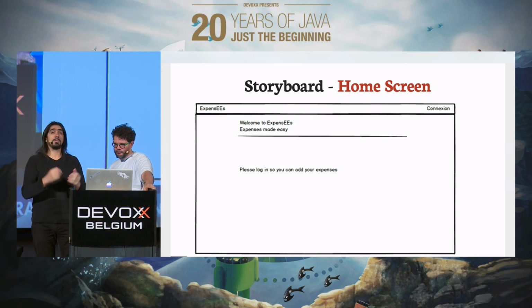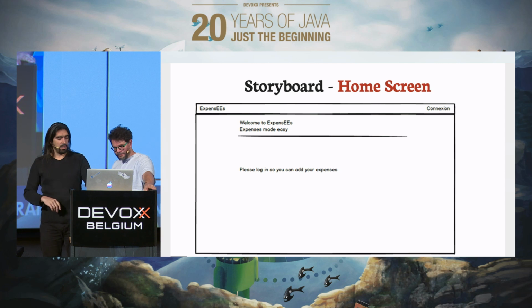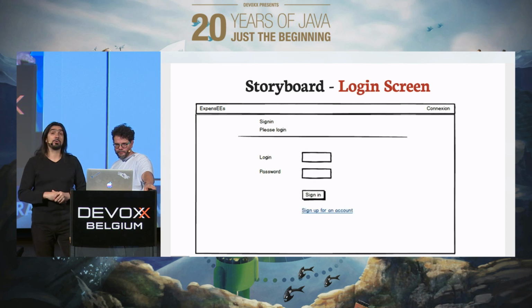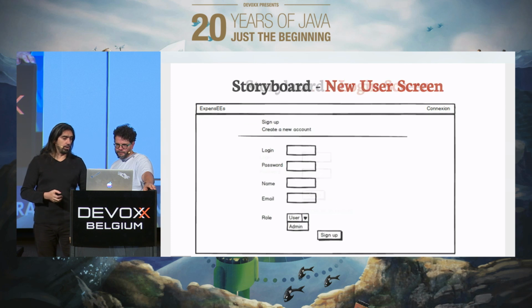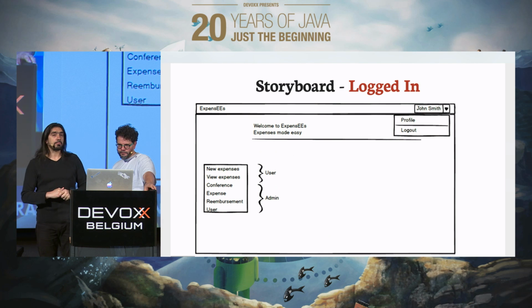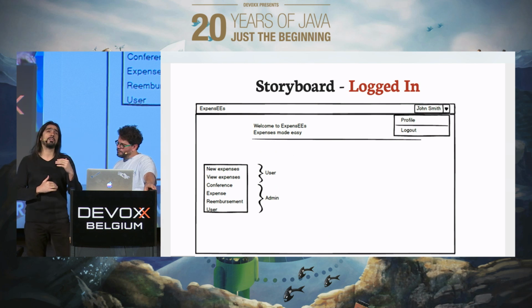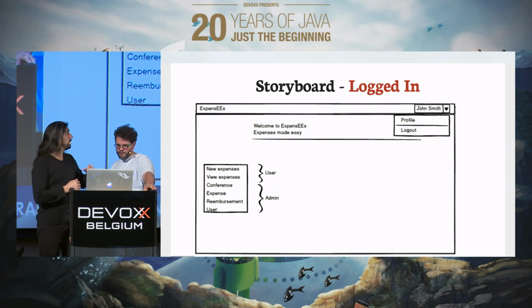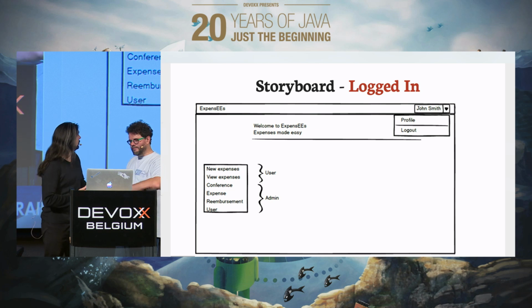So it's a web app, and when you arrive on the home page, there's nothing. So you need to log on, use a password, or create a new account. Once you logged on, there's actually your part when you create your expenses. So that's what we show the user.